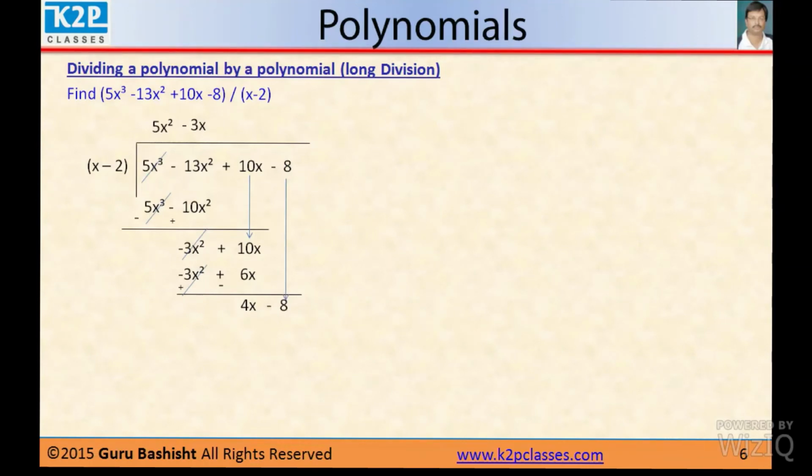So this time to get 4x we have to multiply here by 4. This time the remainder is 0. So we can say 5x cube minus 13x square plus 10x minus 8 equals 5x square minus 3x plus 4 into x minus 2. Let us see another example.